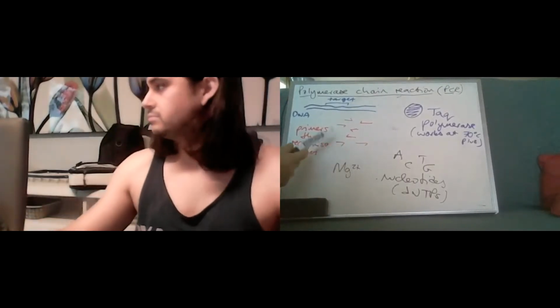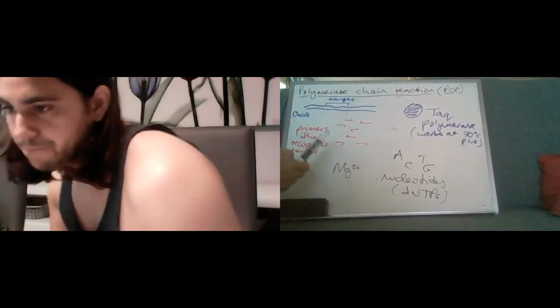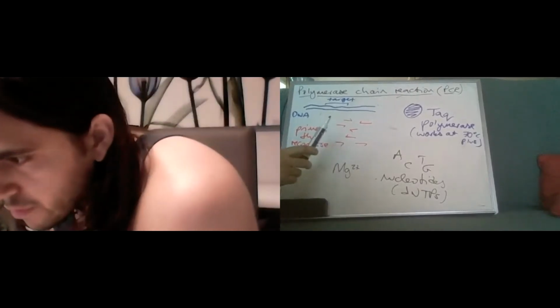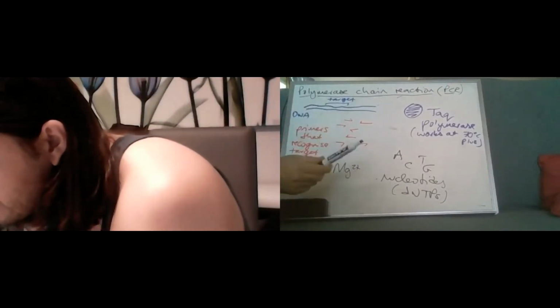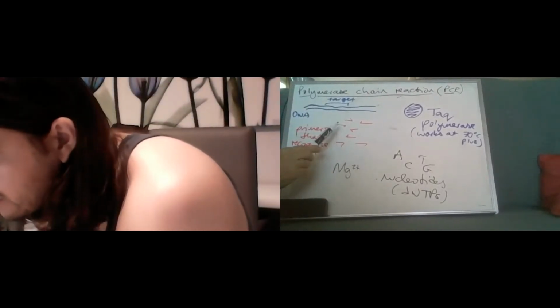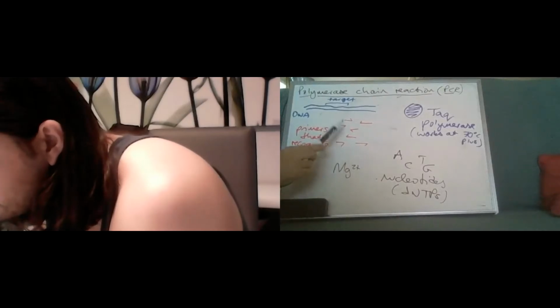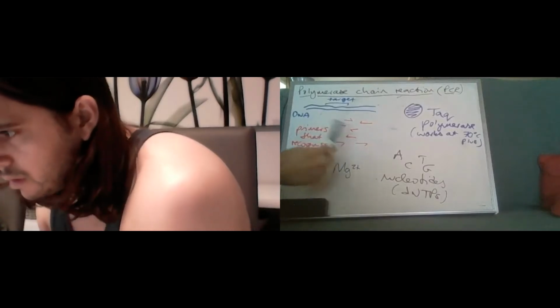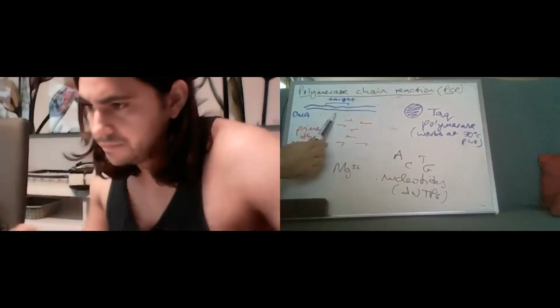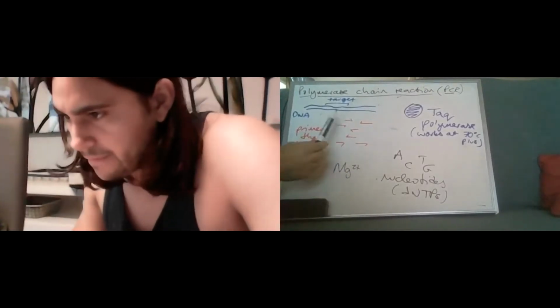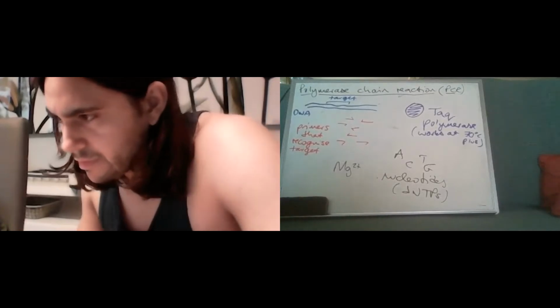It's kind of like magic actually too, because you can't see any of this stuff happening. You just have to assume it does. But first of all we need to design our primers so they match our target and nowhere else, because we don't want to amplify any other bits of DNA other than our target. That's the key.